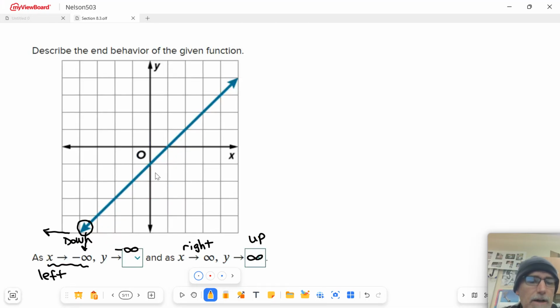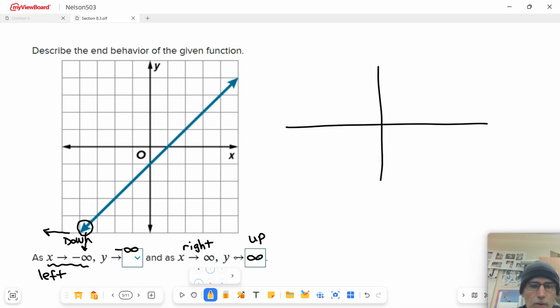But here we had a line, right? What else could it do? Well, let's say we had a parabola, all right? Like the basic old parabola like this. Now, what you need to know about parabolas, oh, geez, that's not a very good parabola, is that when they have this little arrow up, it really means it's going to go out forever, and it's going to go up forever and up forever, okay?